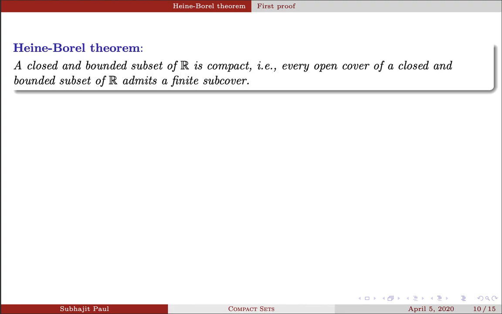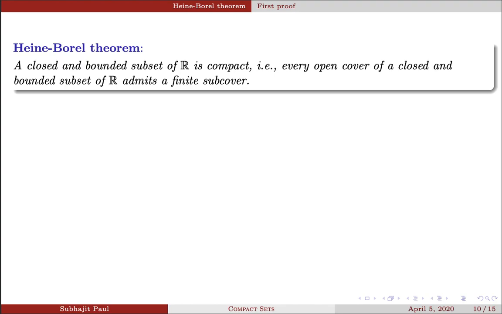We will have the proof today in two steps. First, we will see that closed subsets of a compact set are compact. Then we will see that the closed and bounded interval [a, b] is compact.